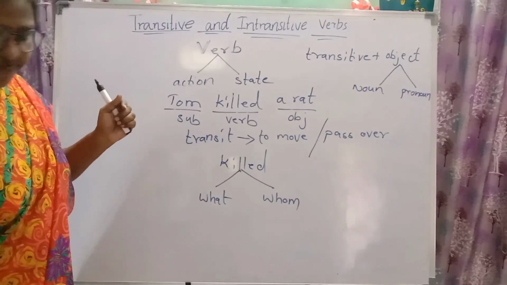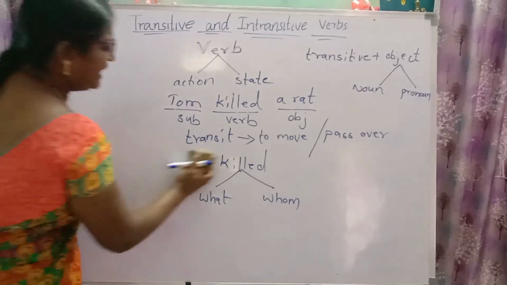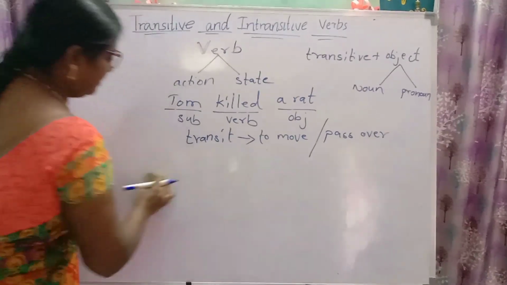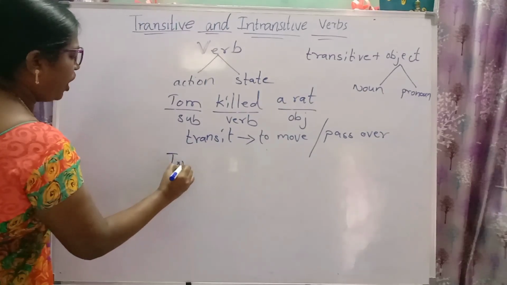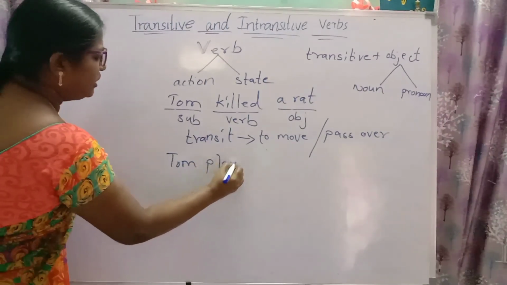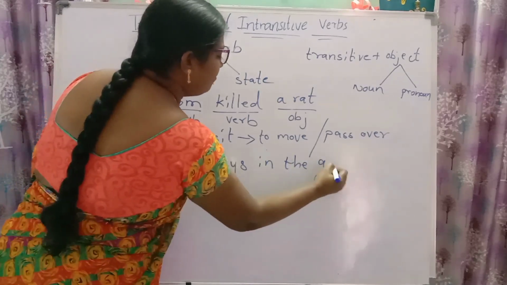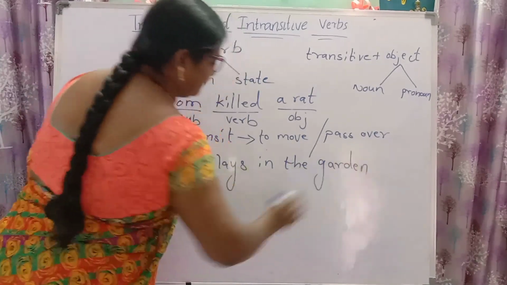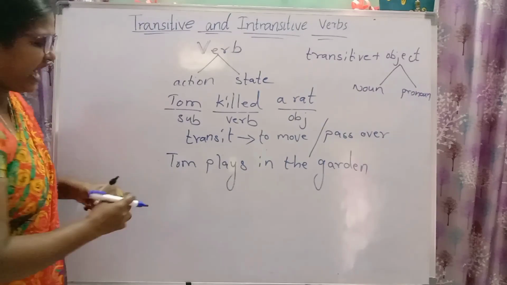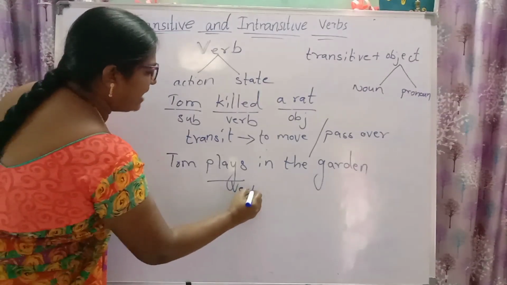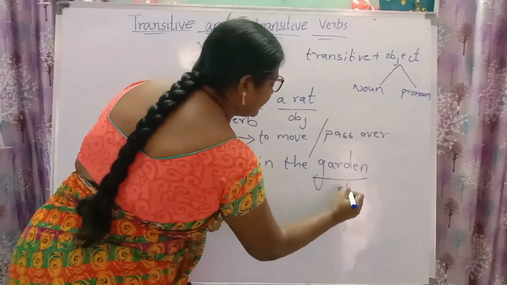Let us see another example. Tom plays in the garden. Here we have the verb and we also have an object.